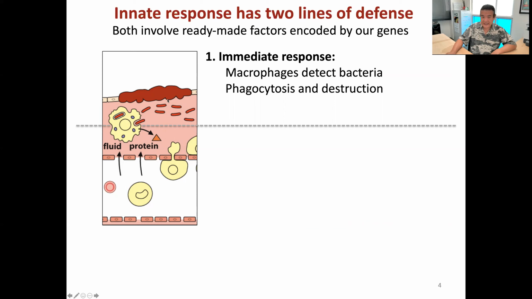So if you get a cut, and let's say bacteria enters the wound, remember, the moment you get a cut and the bacteria gets in, that is the start of infection, even though you might not even know that you got cut. So these little hot dog shaped bacteria come in. So there's an immediate response. There are macrophages, innate effector cells that are patrolling the tissue.